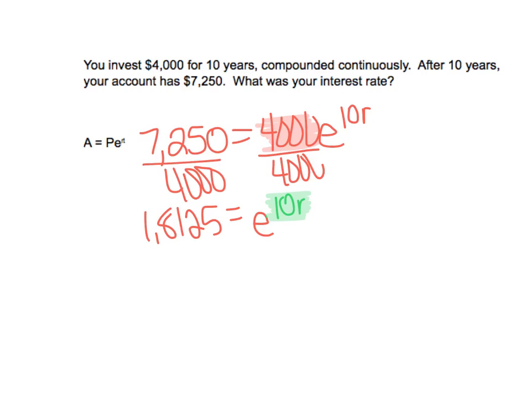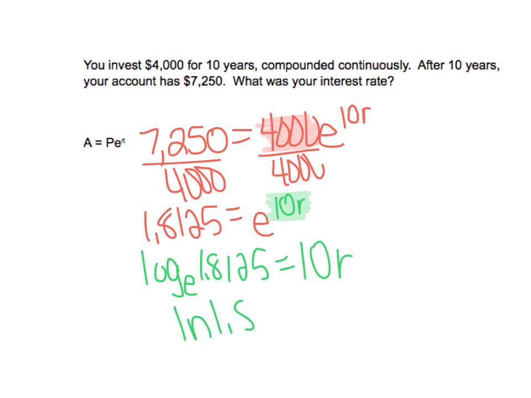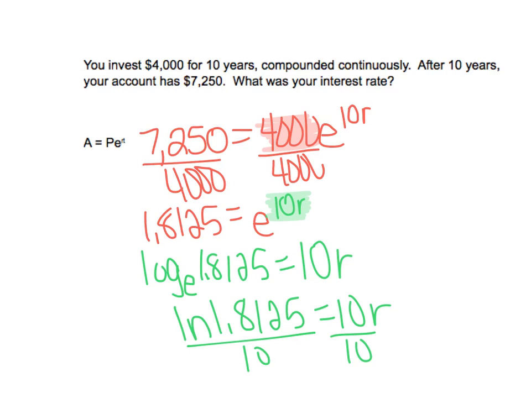In order to do that, we're basically thinking, all right, we'd have the log base e of 1.8125 equals 10r. But we know that if it's a log base e, that's the natural log of 1.8125 equals 10r. And we don't want 10r, we want r, so we're going to make sure that we enclose that 1.8125 in the parentheses.